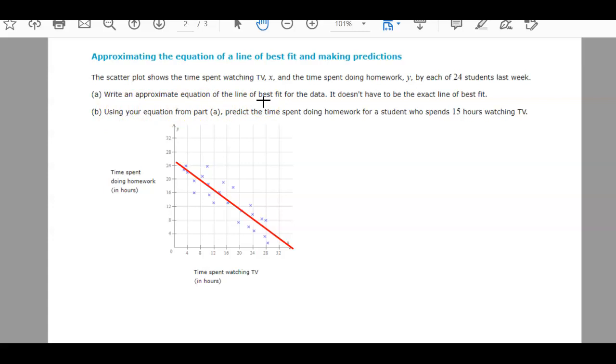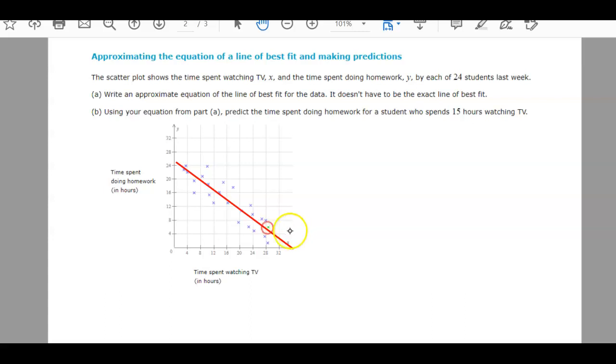Oh, actually, we have to go ahead and write an equation for that. So I'm going to identify a couple of things here, you guys. We need to find 2 points that are on our line. So let's go ahead and use 28, and this looks like this would be a 6, right?